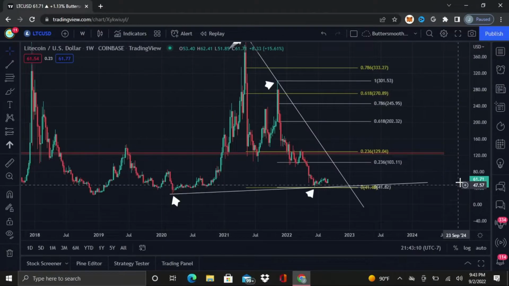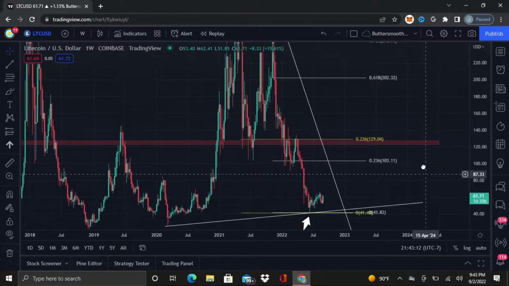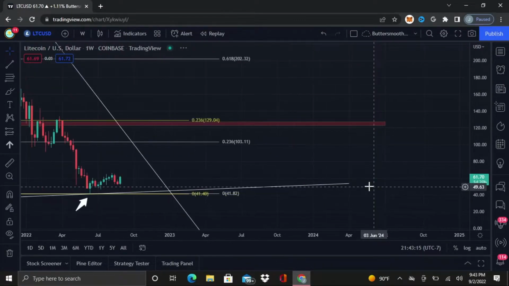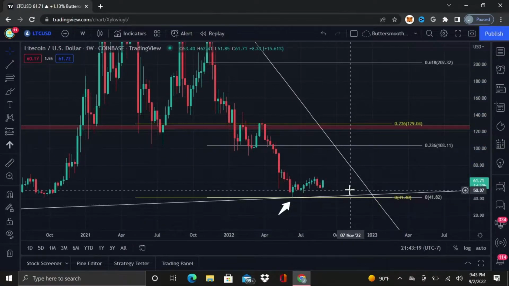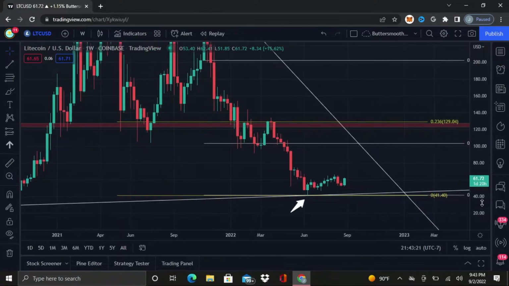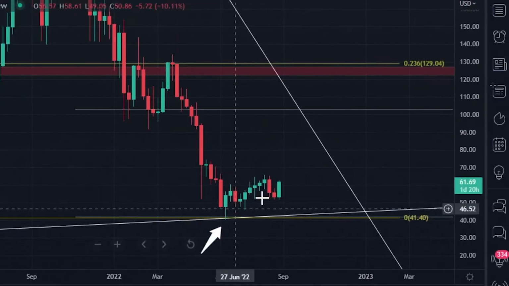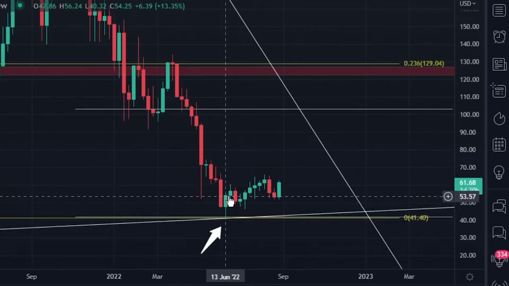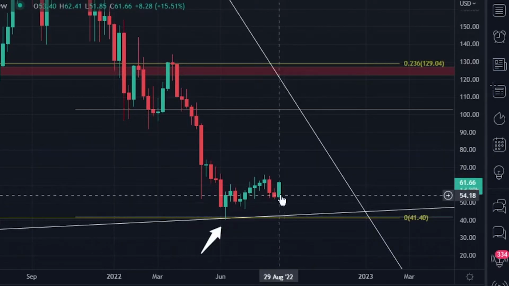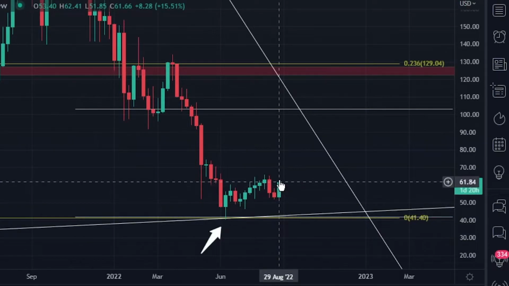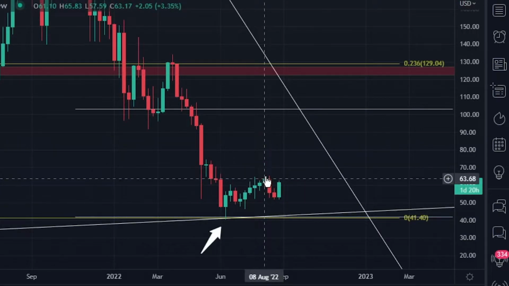So when Litecoin does start to move, let's zoom in and take a look right now. Just a second. Let me make sure everything's adjusted for everybody. So with current price action, once we do start breaking, and this candle specifically here on the weekly time frame, we want to get above these levels, really these wicks here from August 8th and August 15th.